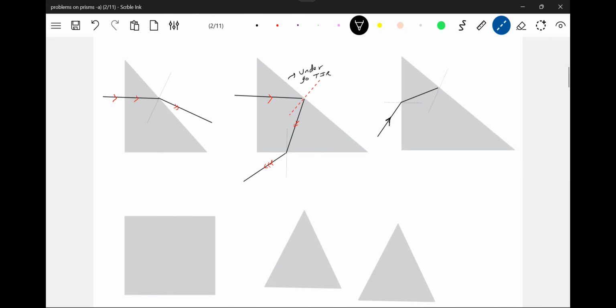There's a normal. Then the ray will be in this direction. Ray moving from rarer to denser, so the refracted ray should bend towards the normal. This incident angle is less than the critical angle here. It will undergo refraction, so it will emerge out here. Anything can happen. I think you can manage.